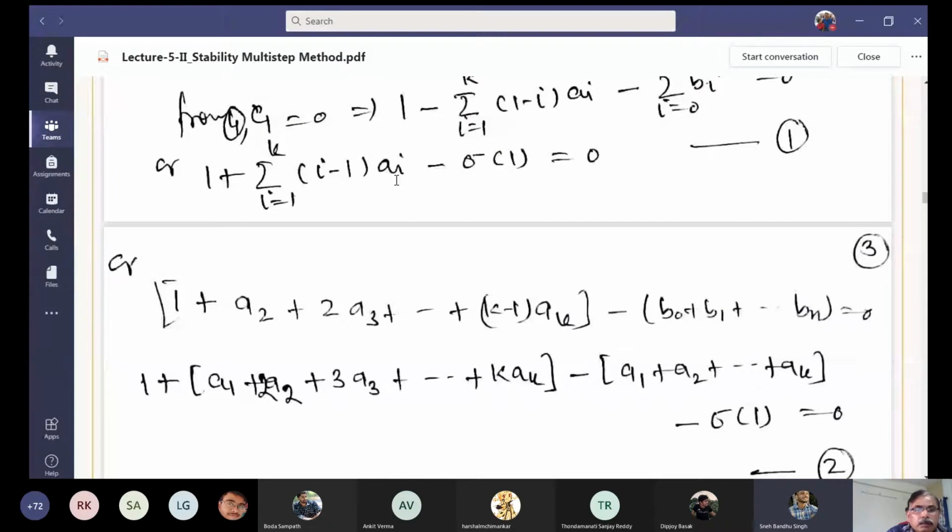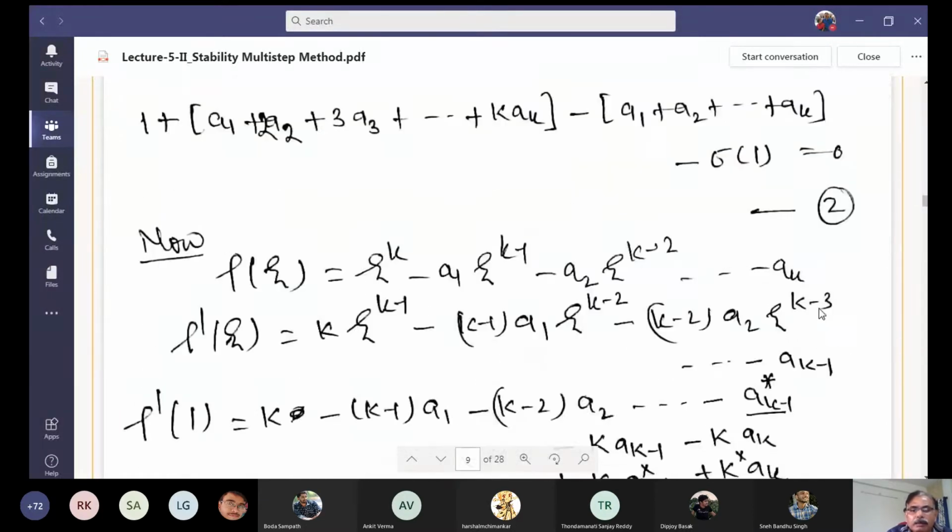If we put i equal to 1, then 1 minus i is 0, so that term goes to 0 and is already taken care of. So it is 1 plus a2, then 2a3, because then i minus 1 will be that, and so on; the last value will be (k minus 1) ak. And this is your b0 plus b1 plus so on up to bk.